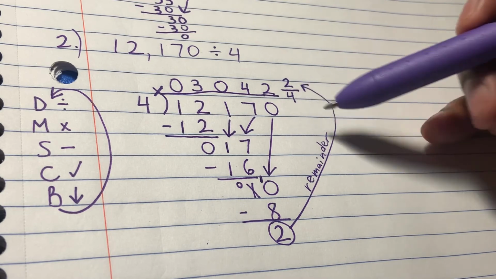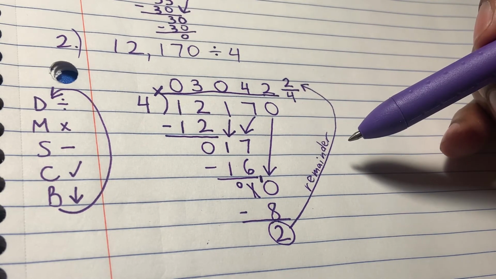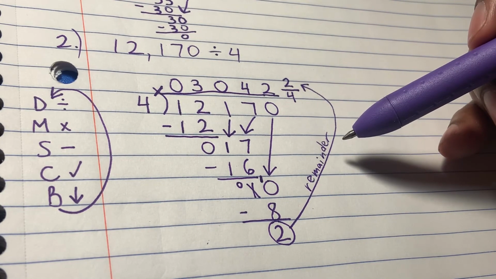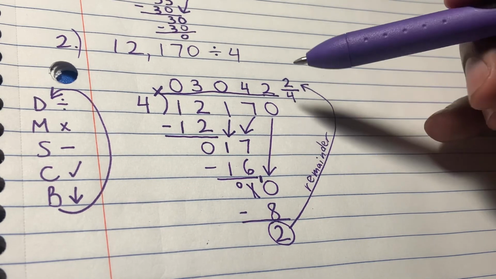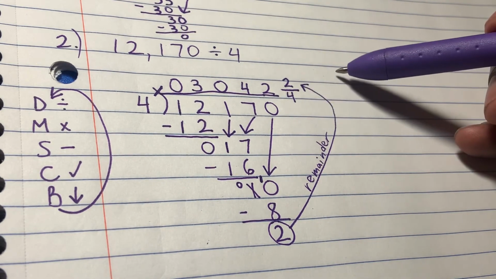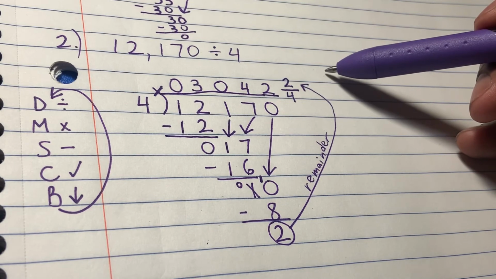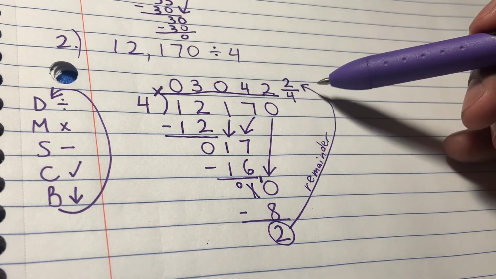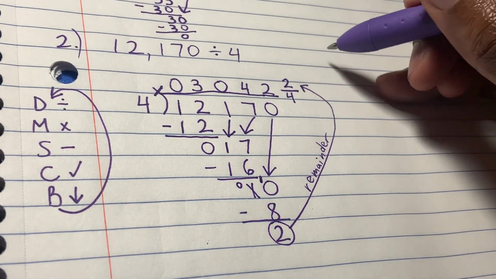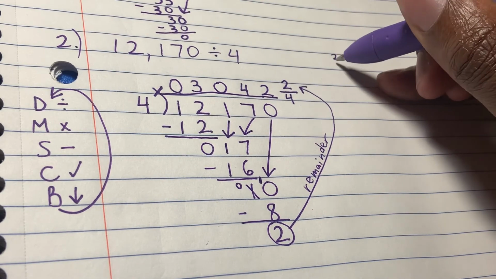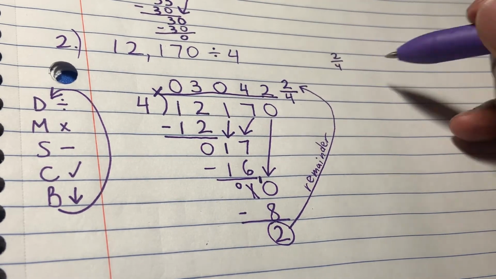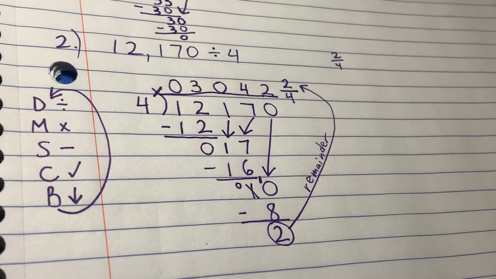So can 2/4 be reduced? Okay, you're right. The answer is yes, right? How do we reduce 2/4? Let me do it up here so that it doesn't mess up our work. So if I have 2/4 and I want to reduce it, let me zoom in a little bit.